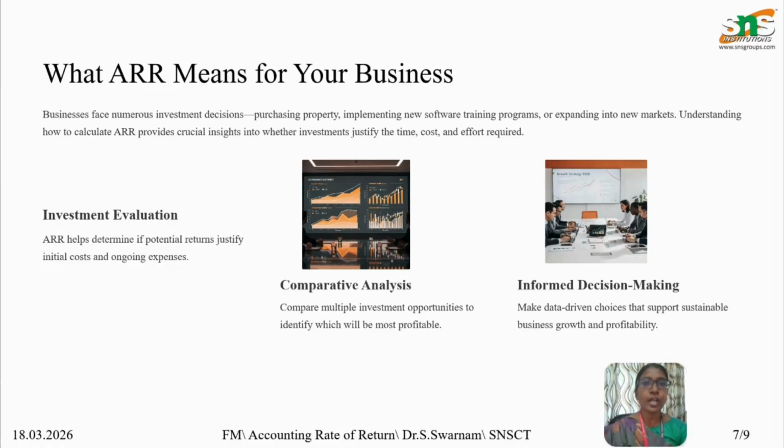I will go for the higher rate of return project, so I will accept project C. The reason is it earns the highest rate of return compared to the other projects. This is how we decide about the investment in a project using accounting rate of return. It helps us to decide about the feasible project for the company.